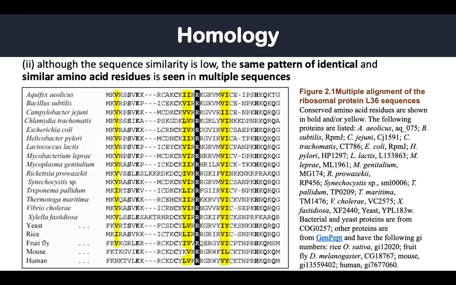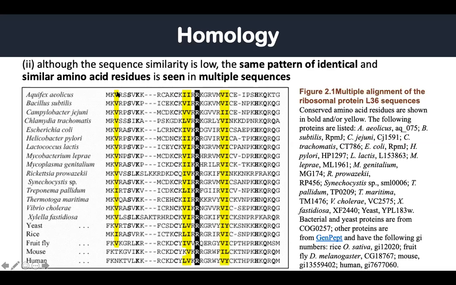I've shown an example here of the second type, where although the sequence similarity is low, you see the same pattern of identical and similar amino acid residues seen in multiple sequences. These are ribosomal protein L36 sequences from a number of organisms. We have bacteria, yeast, rice, fruit fly, mouse, and human.